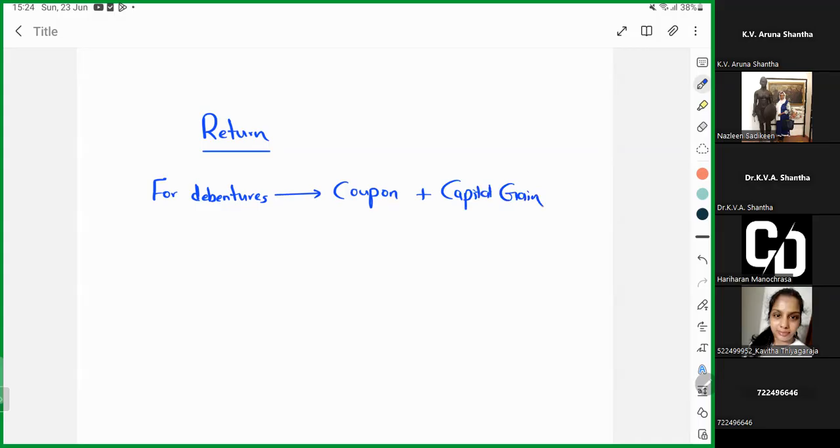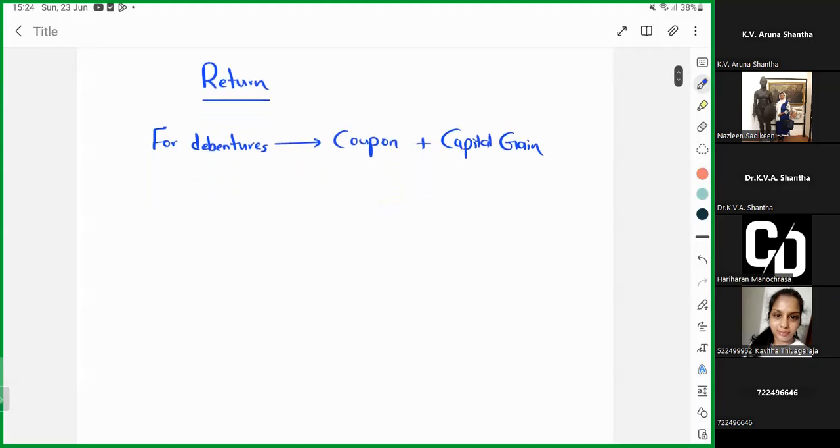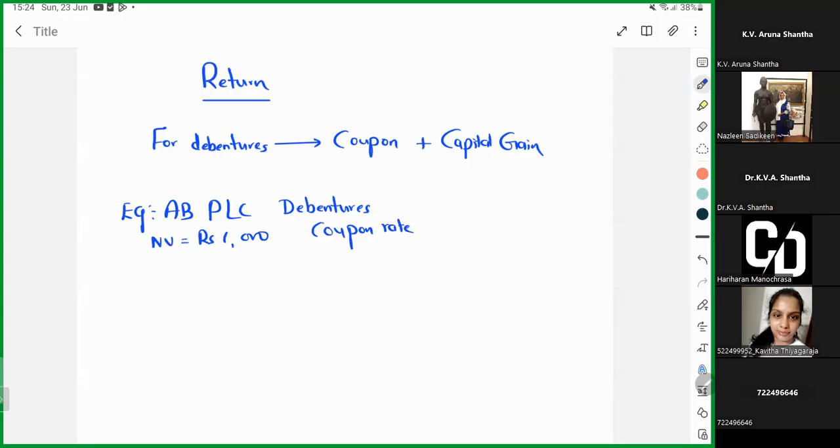So for example, now you very carefully go through these examples. Let's say you have invested in AB company's debentures. Nominal value 1,000. Coupon rate 10%.